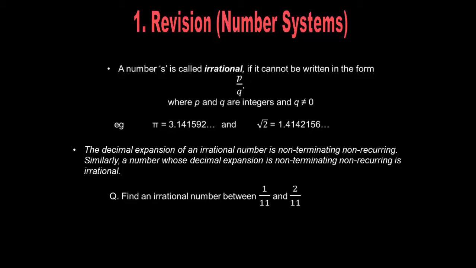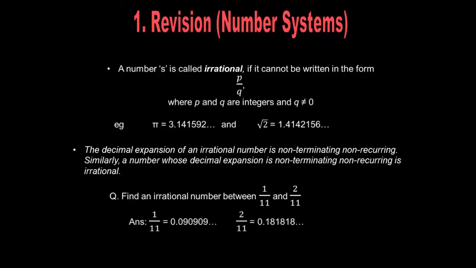So if we want an irrational number between 0.09 and 2 by 11, which is equal to 0.1818, we can write any decimal number in between these two, which is non-recurring as well as non-terminating. It will keep on expanding.